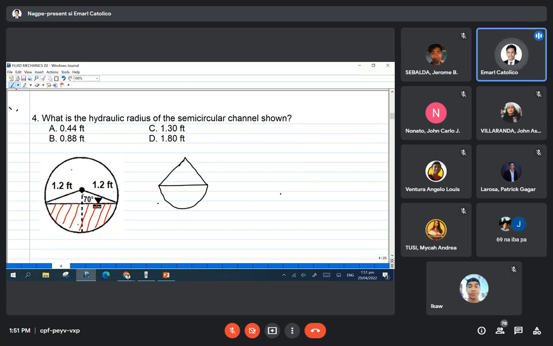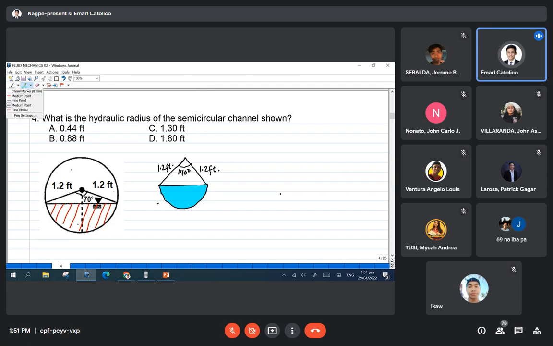Since 70 degrees ito, pag kinonsider mo, magiging 140 degrees. Okay. Then ito 1.2 feet. Ito 1.2 feet. Then ito nga yung wetted region natin. So yung wetted region natin is in terms of segment.